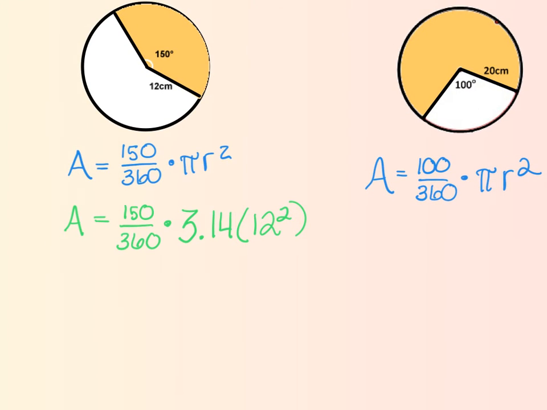In my calculator, then, I can enter that. If you don't know the radius squared in your head, on your calculator, start with that. So 12 times 12 would be 144 times 3.14 times 150 divided by 360. So go ahead and enter that and see if you get what I got.